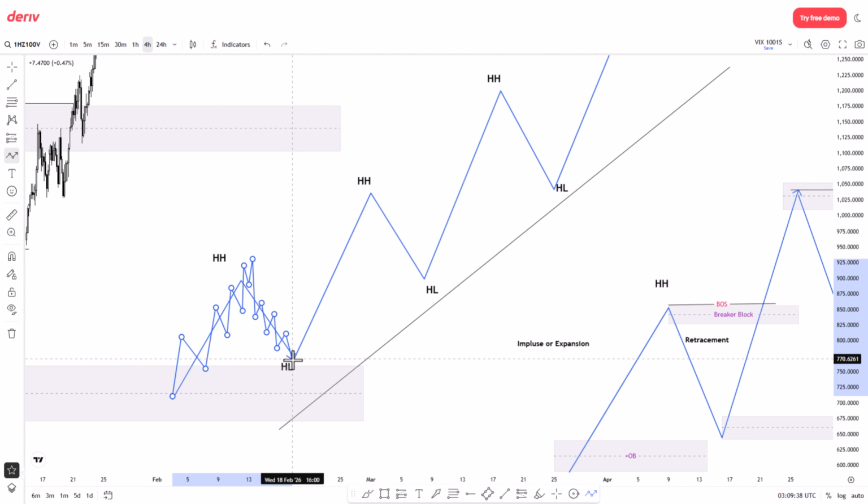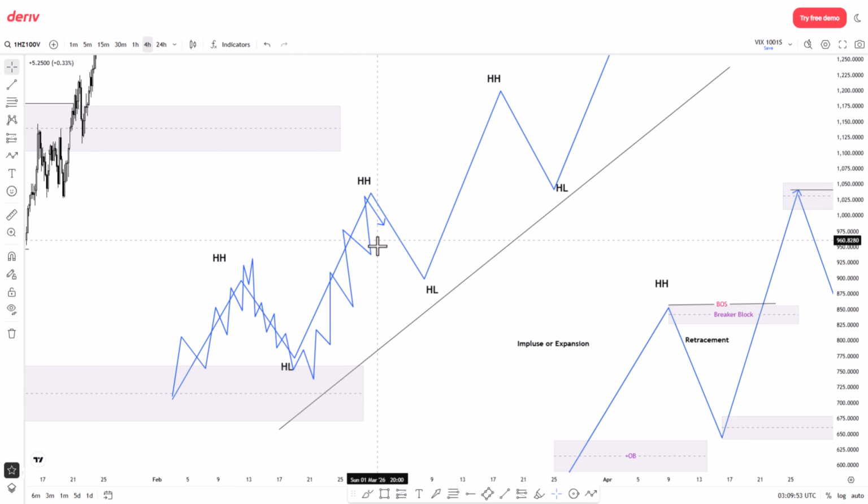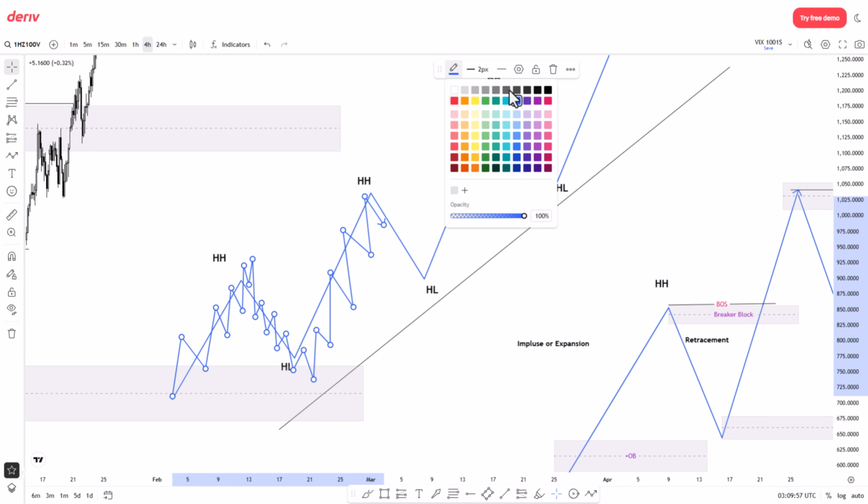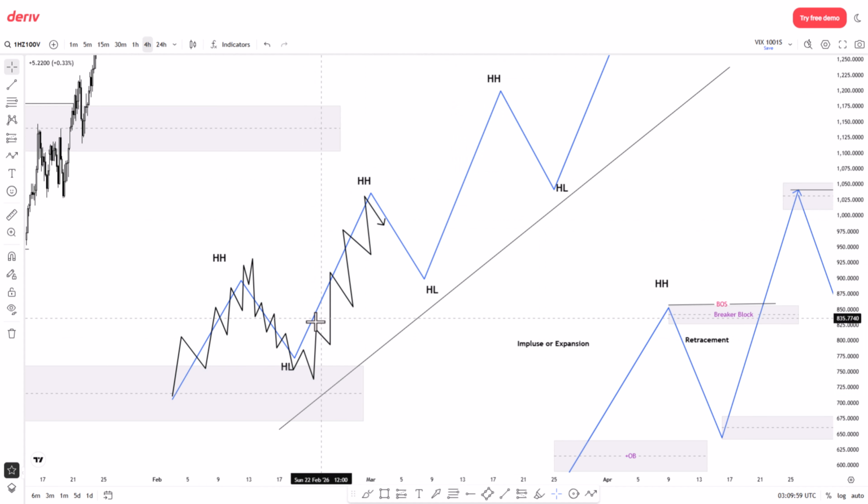The same thing on the lower time frame, you will see a market structure shift on the lower time frame to facilitate this expansion leg on the higher time frame. So this is what we call internal structure. You can call this black line the internal structure on the lower time frame, and the overall structure on the higher time frame.